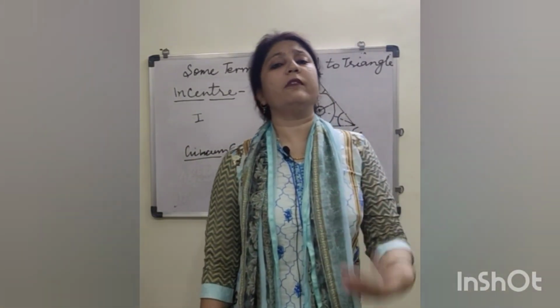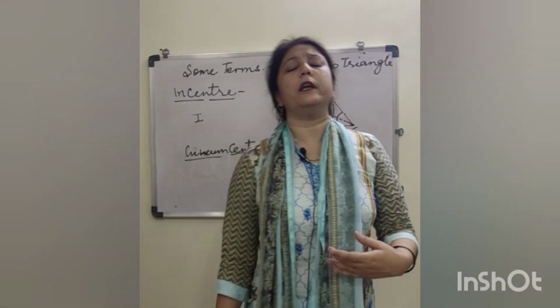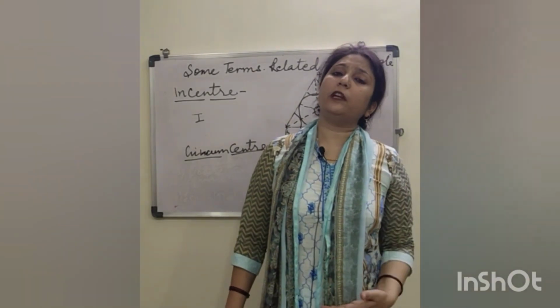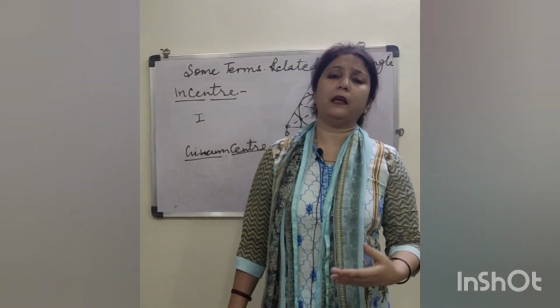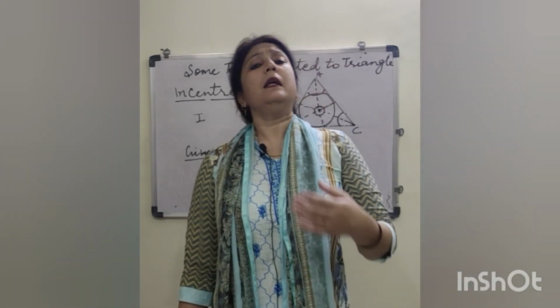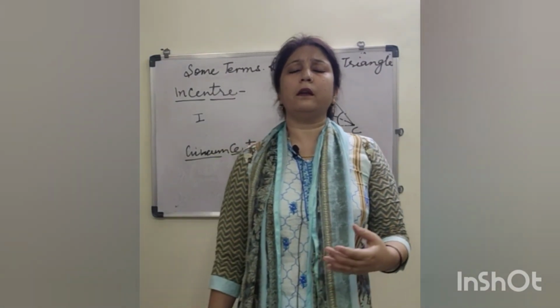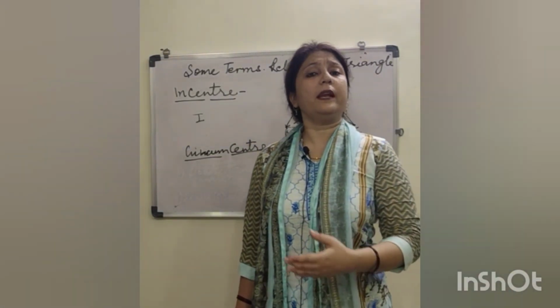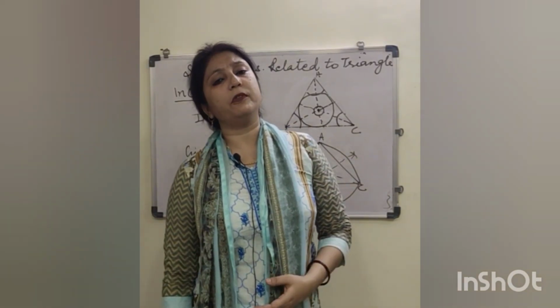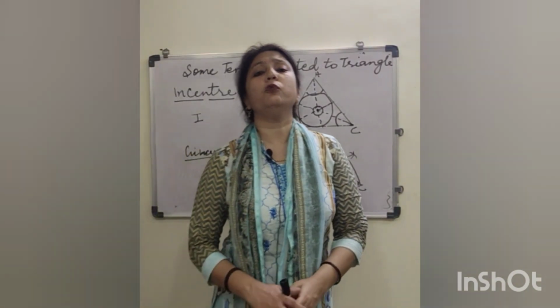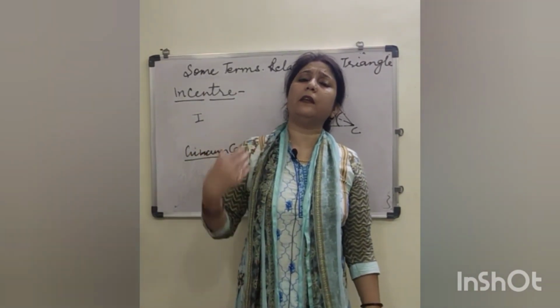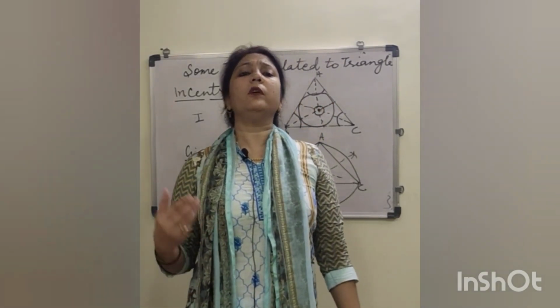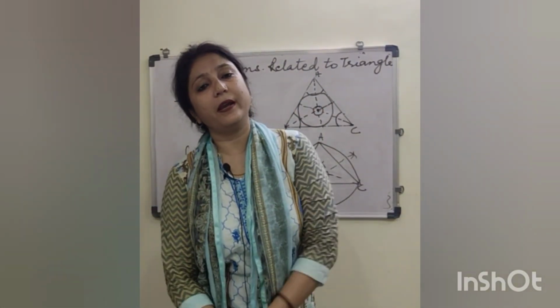So children, you have done almost all the terms related to a triangle. Exterior angle property you are familiar with, because I have taught earlier that in a triangle, the exterior angle is equal to the sum of the opposite interior angles. So using all these things, in the next video we will be solving questions related to triangle.